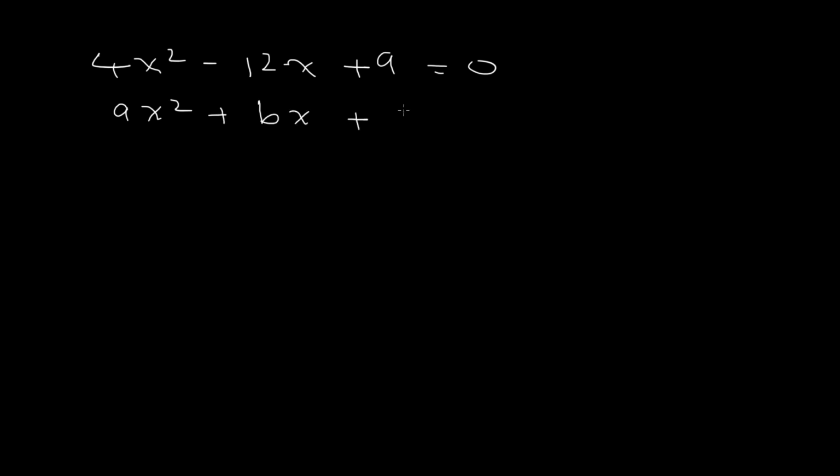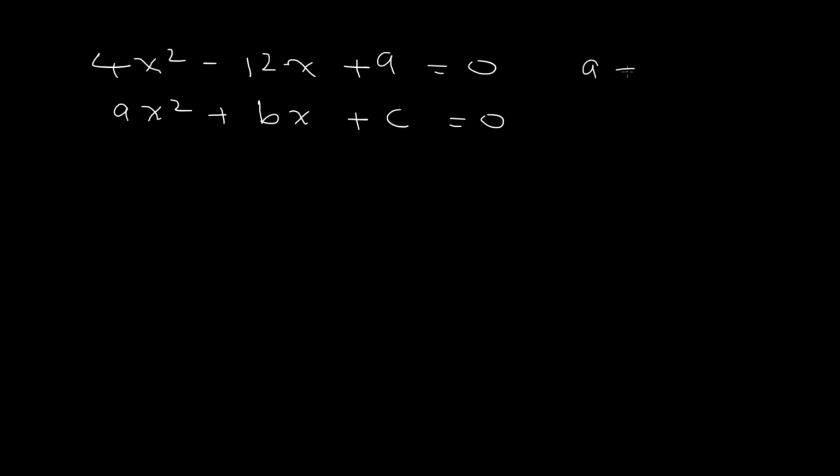Okay, let's look at the second example. The second example is 4x squared minus 12x plus 9 is equal to 0. Again, we compare with our statement here, okay? And we see that this is already in that format, which is good.